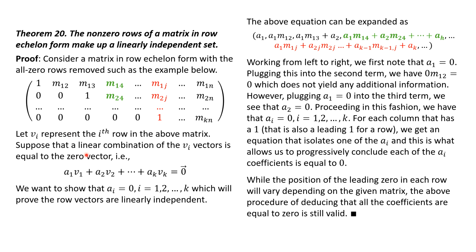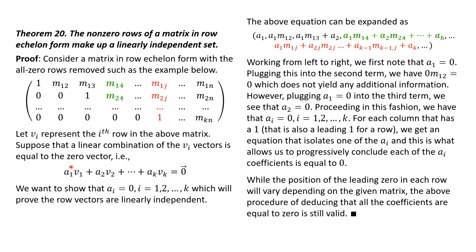And then we take a linear combination of these row vectors and set it equal to 0. And we know from our definition of linear independence that if all the a's, all the coefficients, necessarily have to equal 0, then the vectors are linearly independent. So that's what we're going to show.